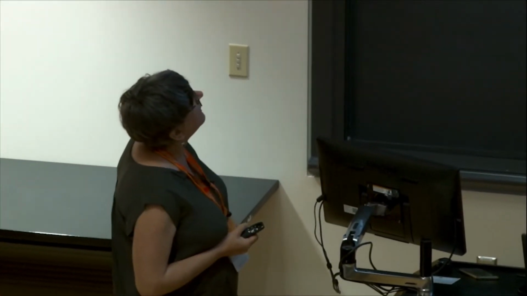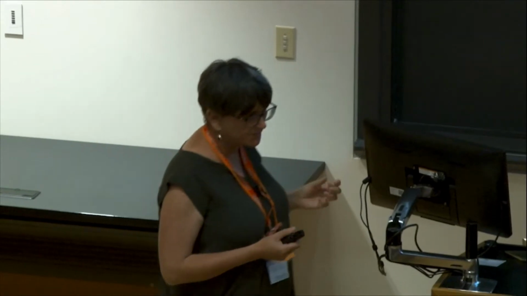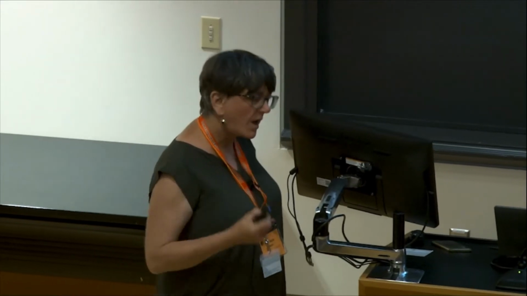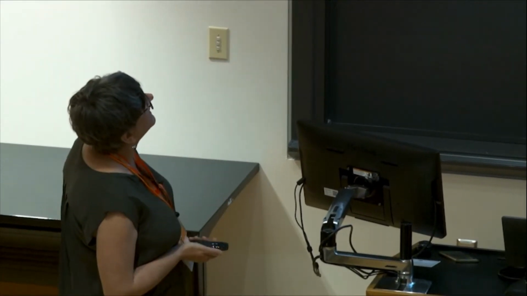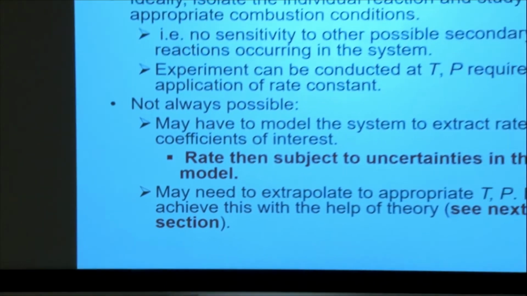Unfortunately, these two things oppose each other, because if we try to take kinetics measurements at high pressures, we have to work with quite high concentrations, and that means that we've got a higher likelihood of these secondary reactions taking place. So there are different approaches in measurements.